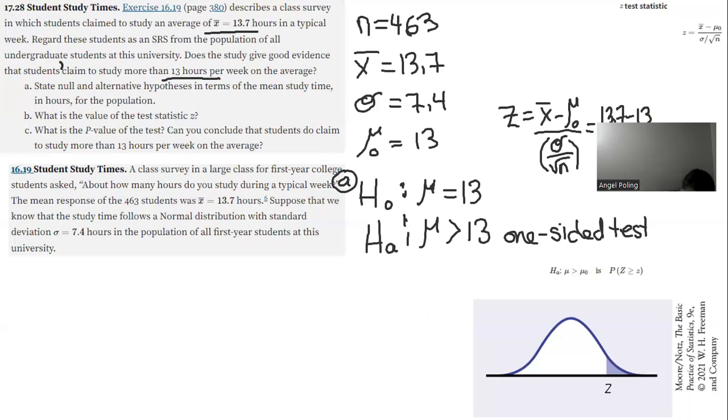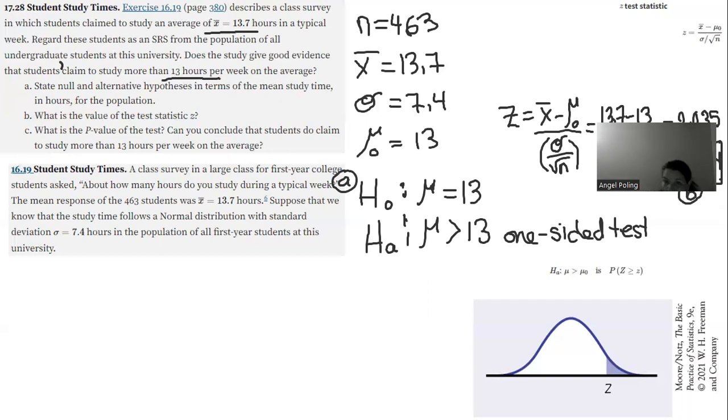So that's your denominator. And then that gives us the value of 2.035, which I rounded so z is 2.04. And we're going to use that z-score to find information about the p-value.